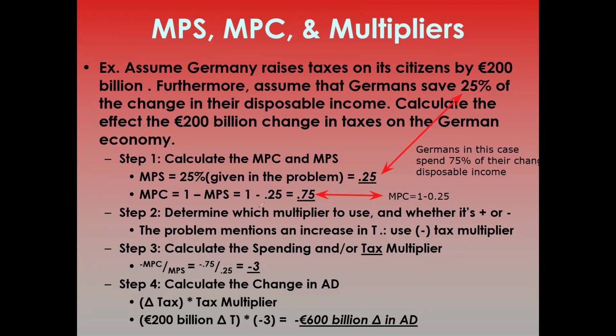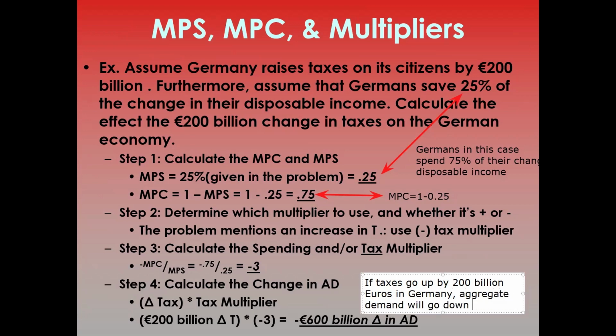So for that, the interpretation of this is that it's a raise in taxes. So if taxes go up by 200 billion euros in Germany, aggregate demand will go down by 600 billion euros.